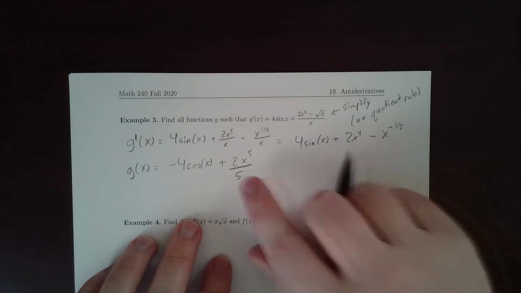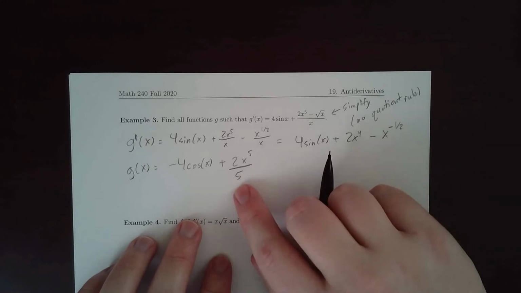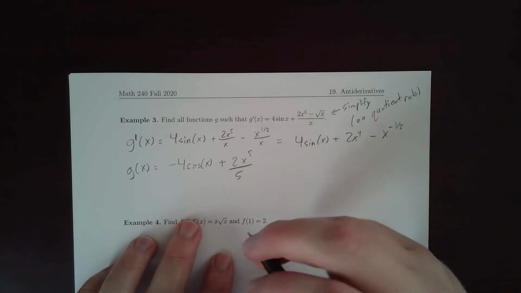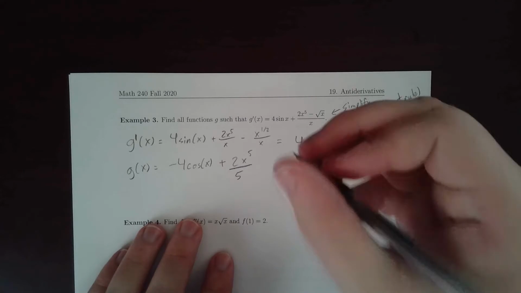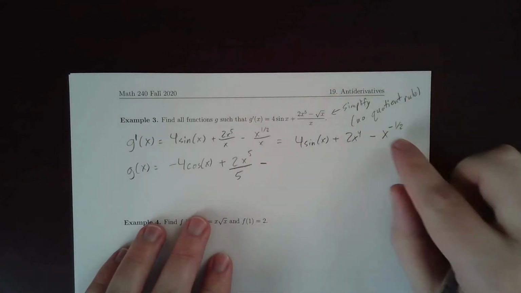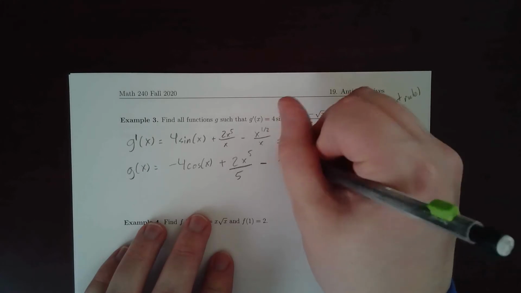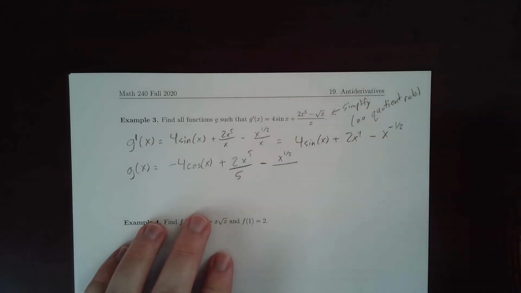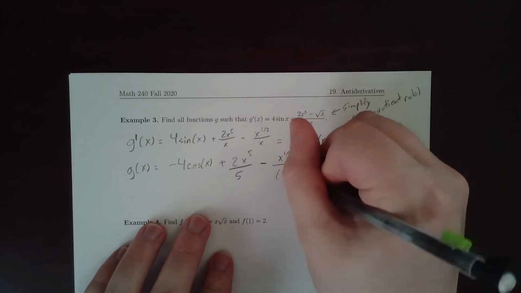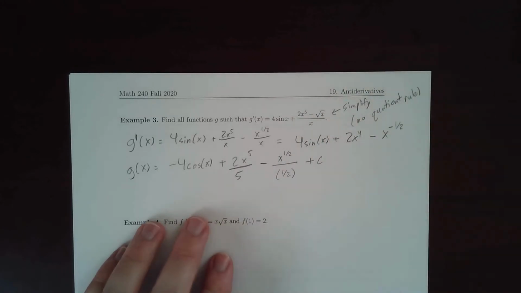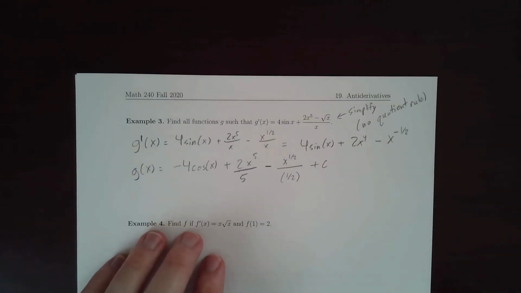So just the antiderivative of x to the 4th is x to the 5th over 5, and then multiplied by 2, and then minus, negative 1/2 plus 1 will be 1/2, so this will be minus x to the 1/2 divided by the new exponent, which is 1/2. And then we have to remember to add our little constant, so plus c.